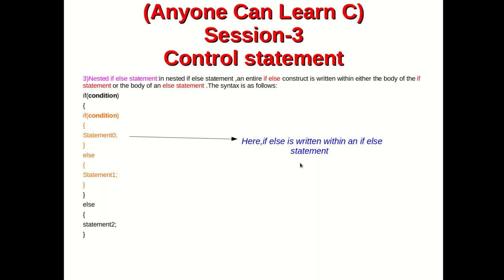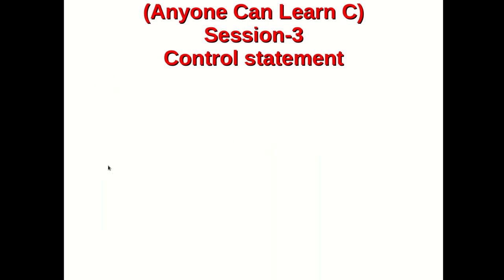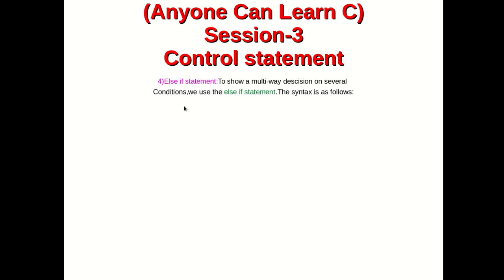Okay, now the last one, that is the else if statement. To show a multi-way decision on several conditions, we use the else if statement. The syntax is as follows.